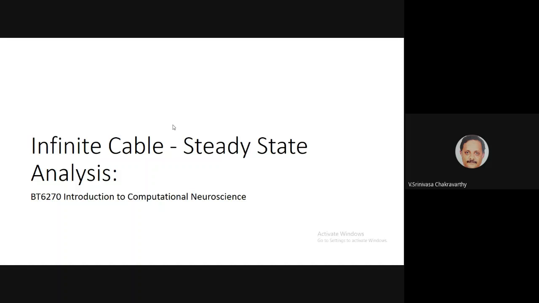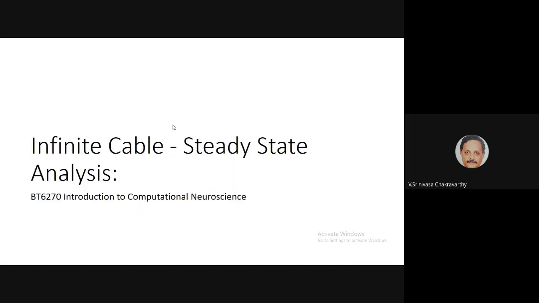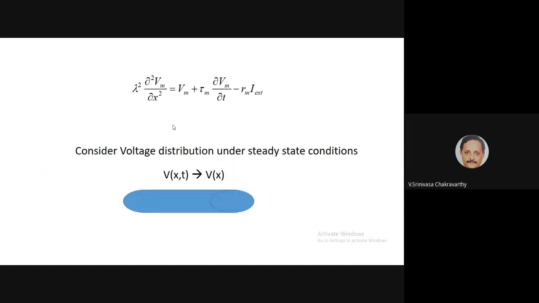We have derived that in the last class. So today we'll make a beginning at solving that equation. We'll start with the assumption of steady state conditions, so that we can remove the time variation.